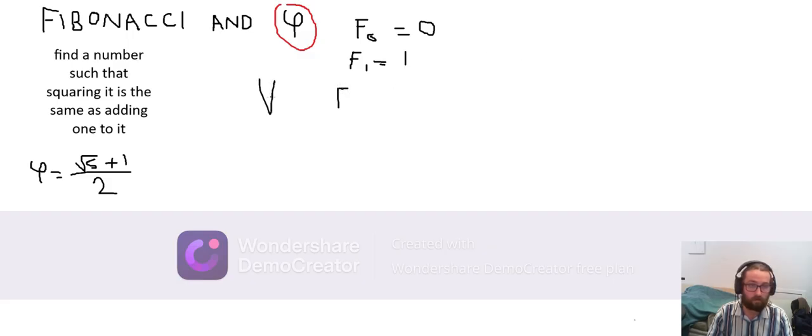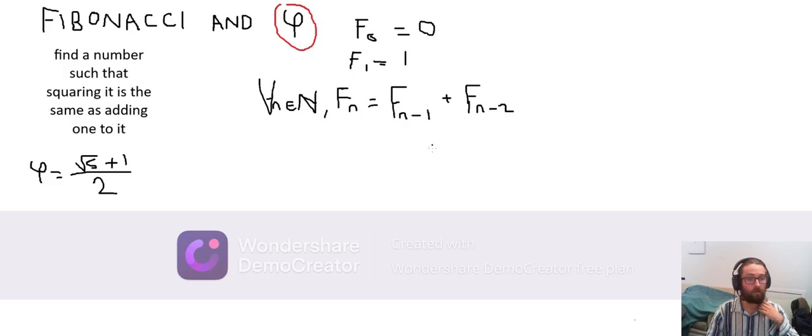So formally, we're going to say for all n in the natural numbers, f of n, which is the nth Fibonacci number, is going to be equal to the last two numbers added together. So f of n is going to be f of n minus 1 plus f of n minus 2. So you get the next number in the sequence by adding the last two together.